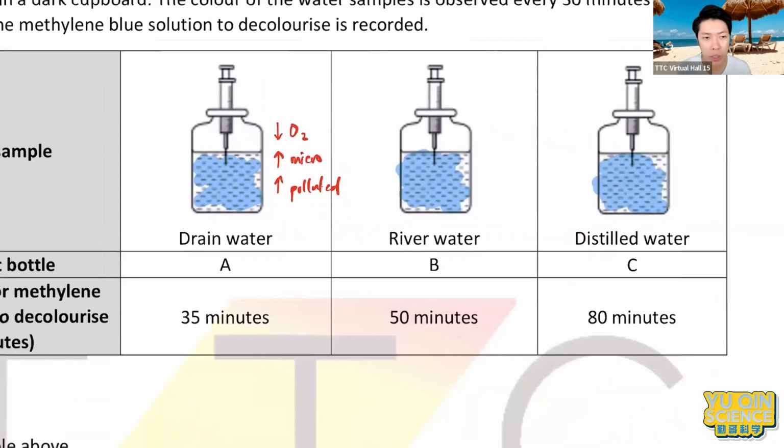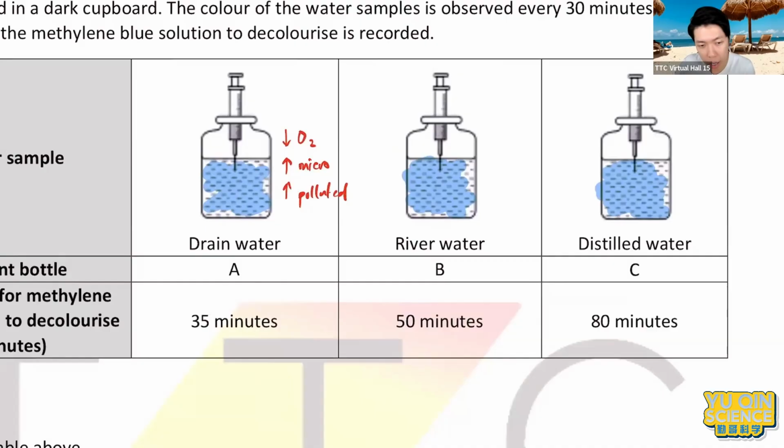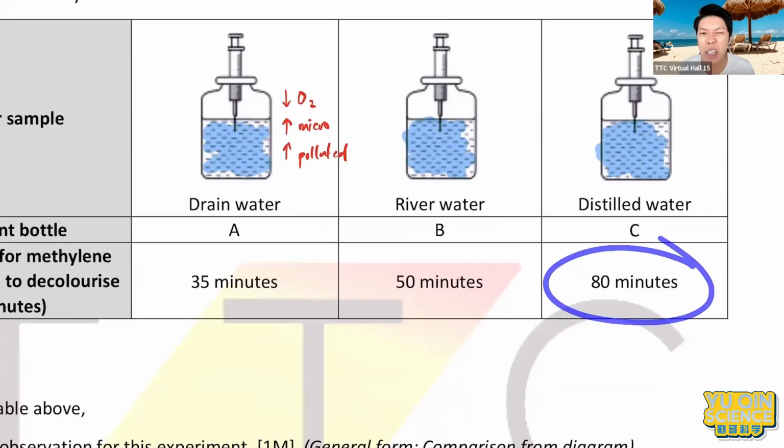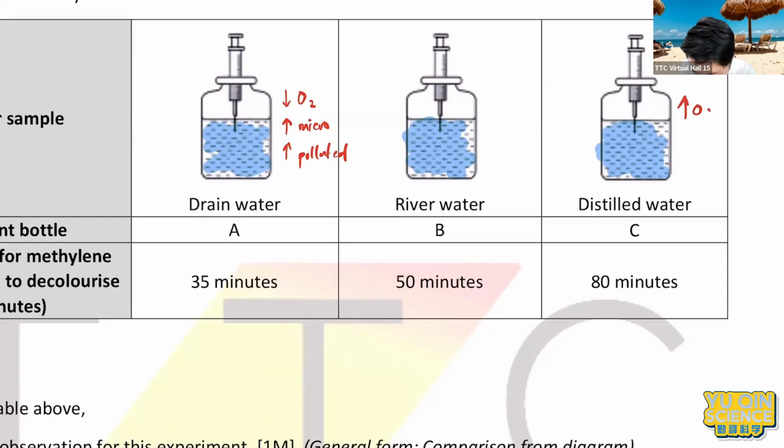So everything goes the other way around lah. Distilled water is the water for drinking, for hospital use, for washing this and that. It's very clean water, cleaner than the rest. It takes about 80 minutes to become transparent. So the longer it takes to retain the blue color, the higher the oxygen content, the fewer the microbes, and the lesser the pollution.